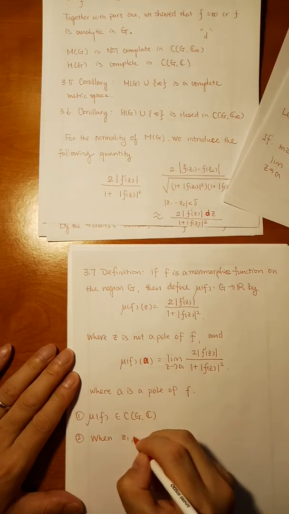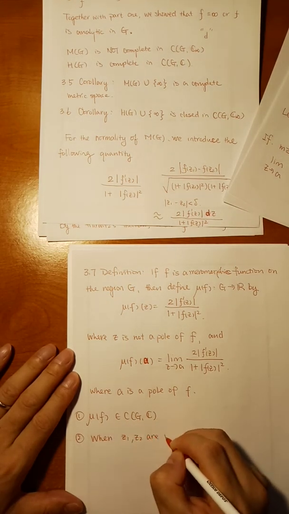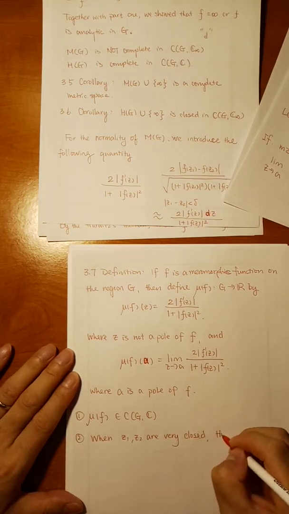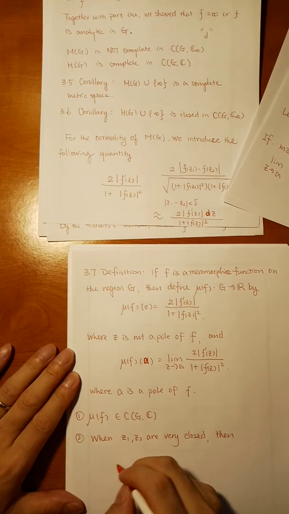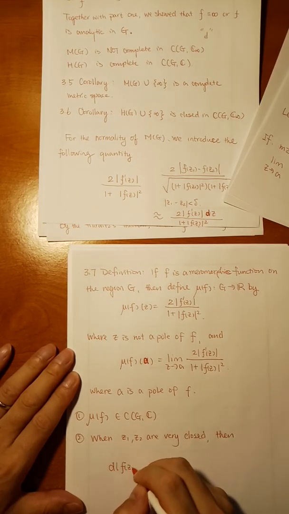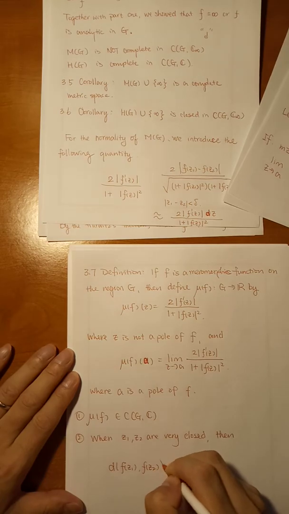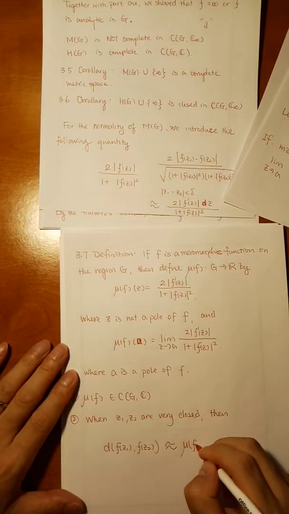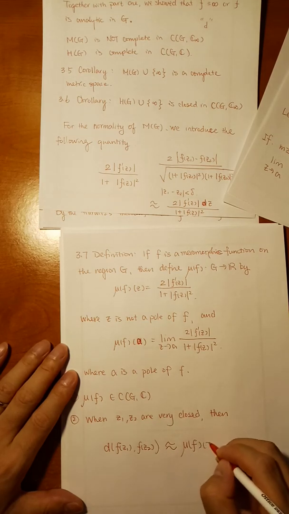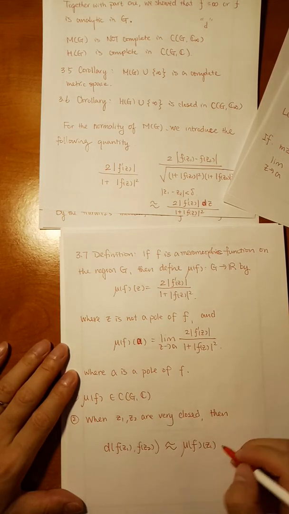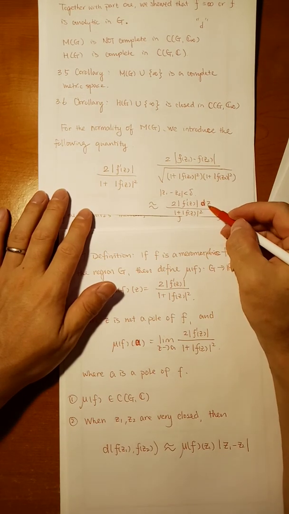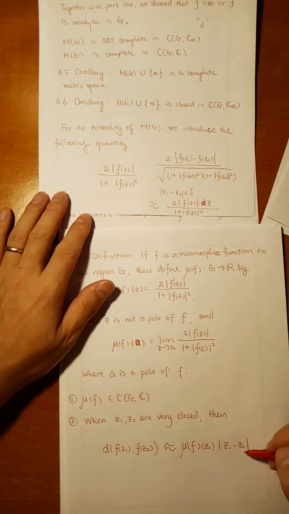When z1 and z2 are very close, then the distance between f(z1) and f(z2) is approximately this mu f evaluated at one of those points times the difference z1 minus z2, the distance dz, okay?